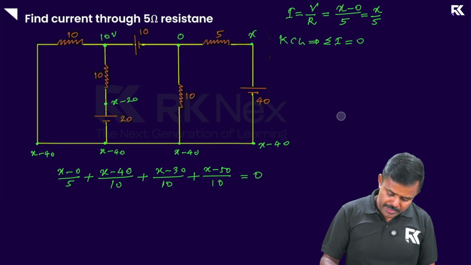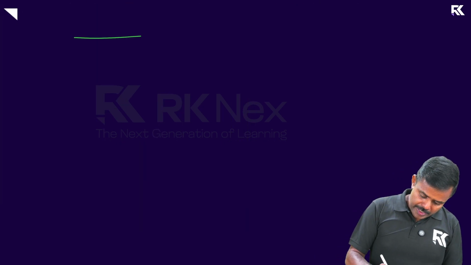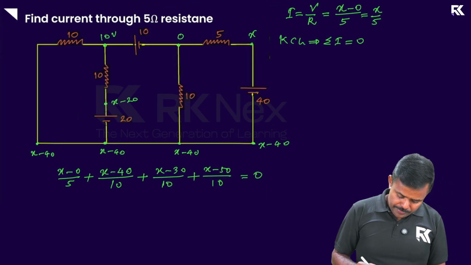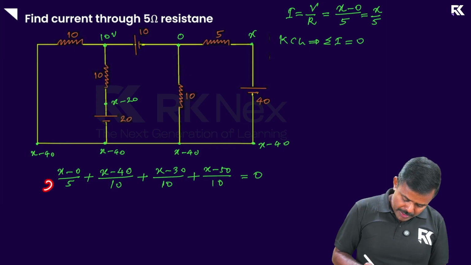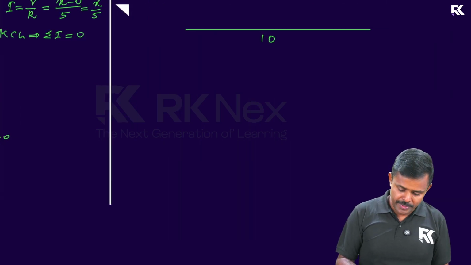Now I can simplify this. The LCM here is 10. I'm going to write it on the next page. 10 on the denominator. For this, I have to multiply with 2, and this also has to be multiplied with 2, so that makes it 2x on the numerator.